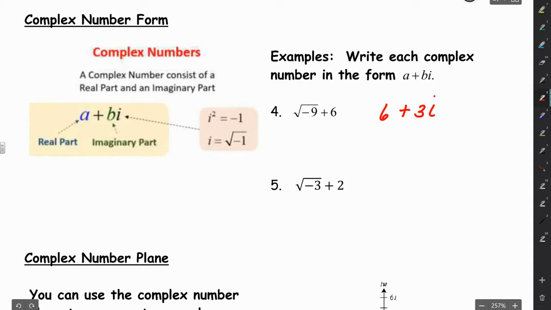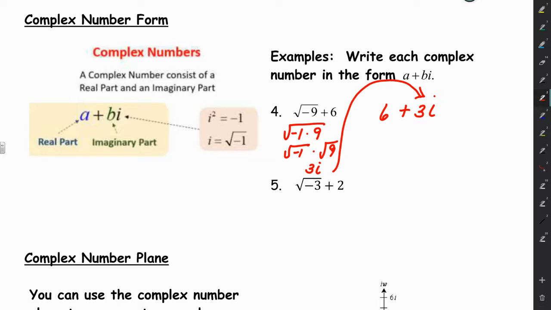So this first one is going to be 6 plus 3i. Now just remember, I broke apart that -9. That's -1 times 9. That's the square root of -1 times the square root of 9, that's just 3i. All right, so the imaginary part is here, and the real part we like to put first.